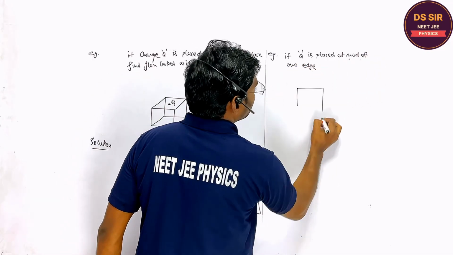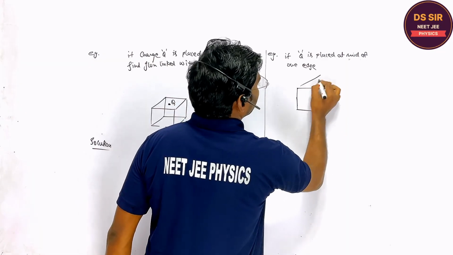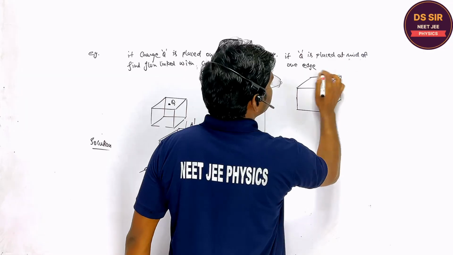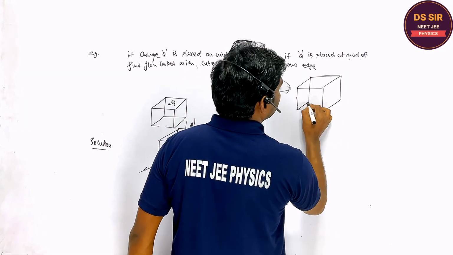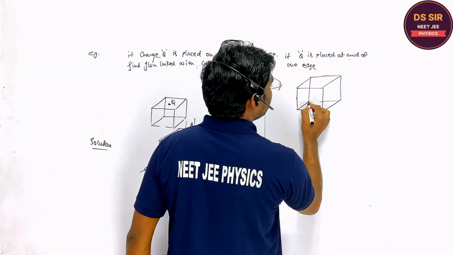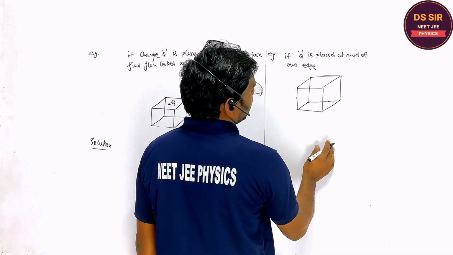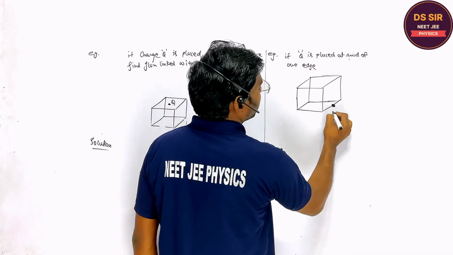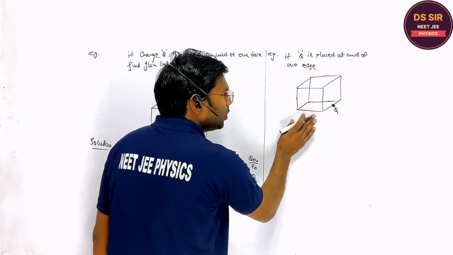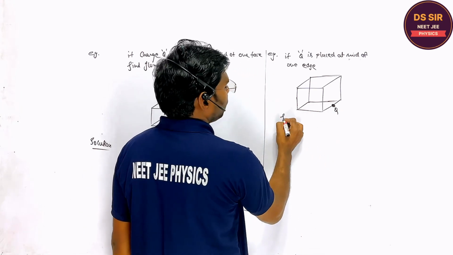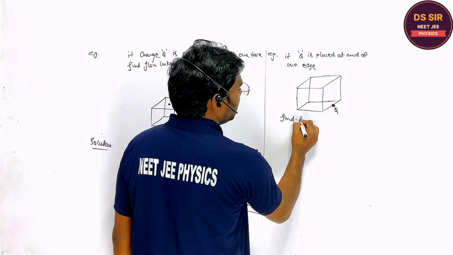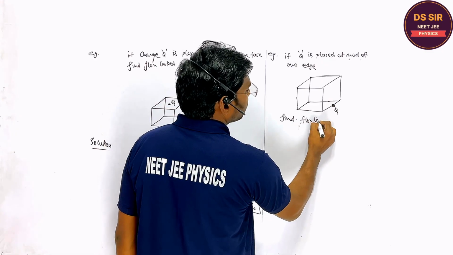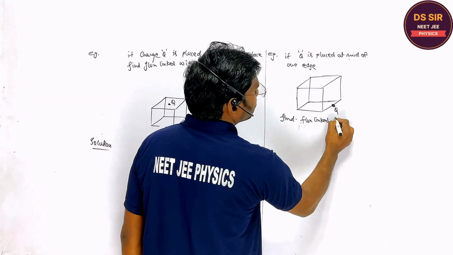Suppose this is the cube like this, and the charge is placed on one edge like this. Is it clear? On the mid of one edge, this is the charge q. Then you have to find the flux linked with q, right?